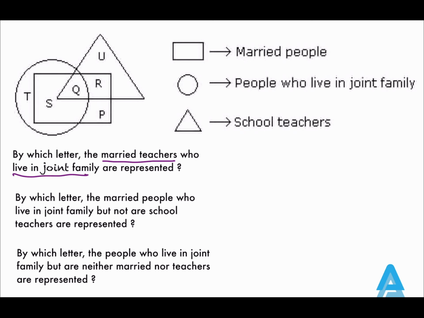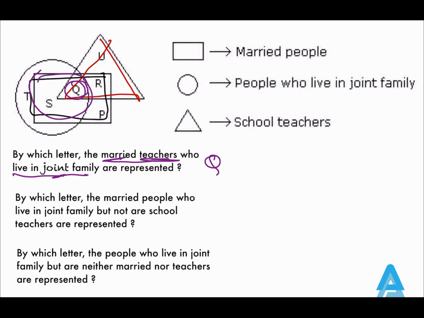It means they are teachers, married and joint. So you can say that intersection of all three, triangle, square and circle, that is Q.